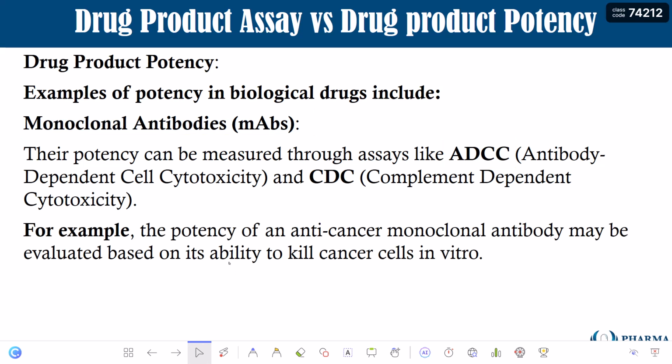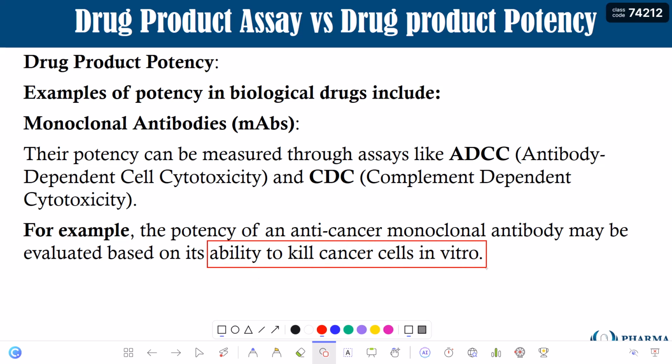Here is the example. The potency of an anti-cancer monoclonal antibody may be evaluated based on its ability to kill cancer cells in vitro. In vitro means not within any living organism, but outside the living organism. That is the meaning of in vitro. So what is the efficacy in case the drug substance is a cytotoxic or anti-cancer molecule?